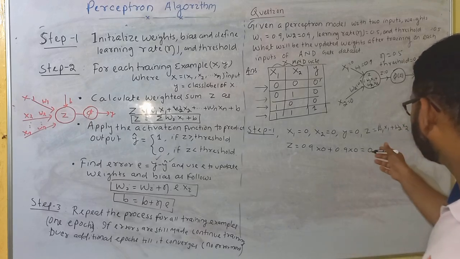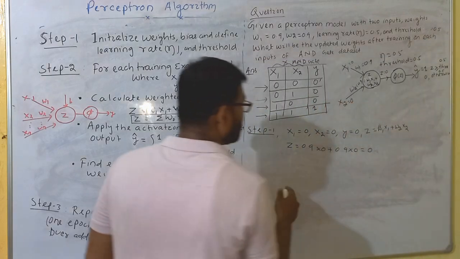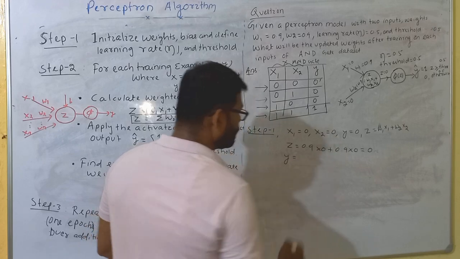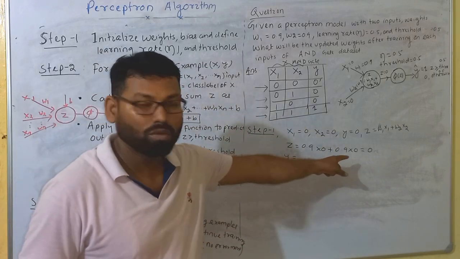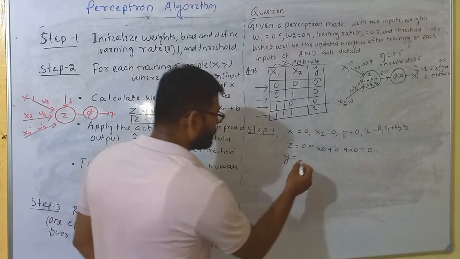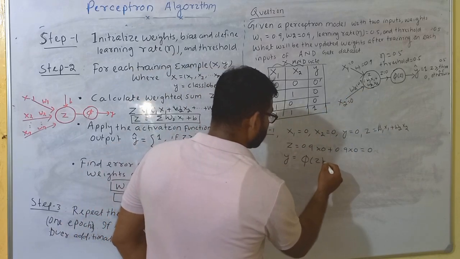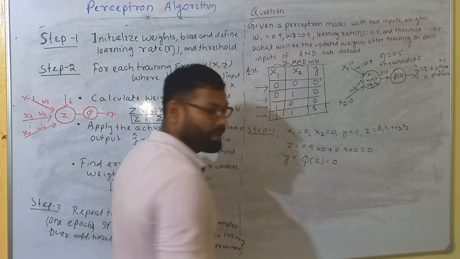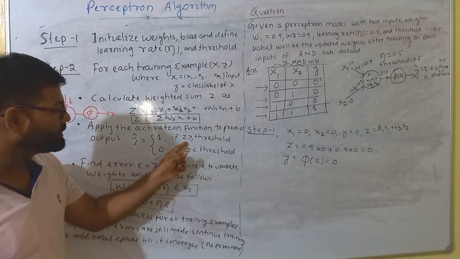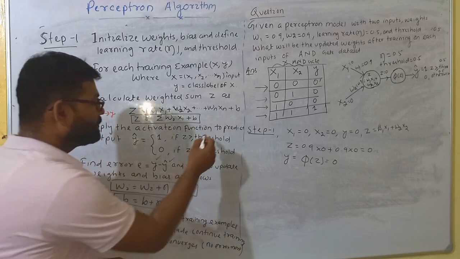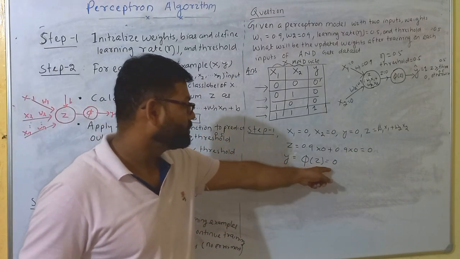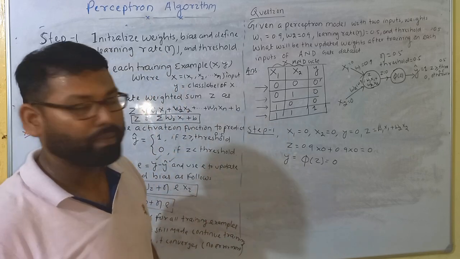Now how do we get the y value? We have to apply the threshold. Since the z value is 0, according to the activation function, phi of z is going to give me 0, because z is less than the threshold, and 0 is less than 0.5, so the output is 0.